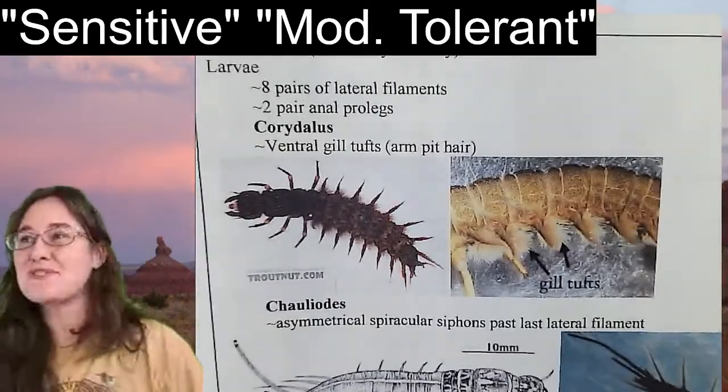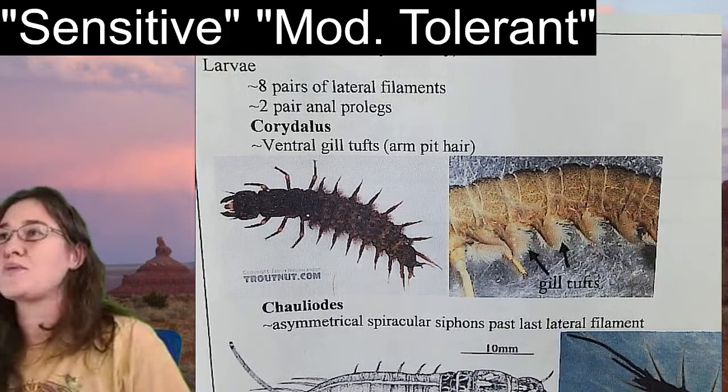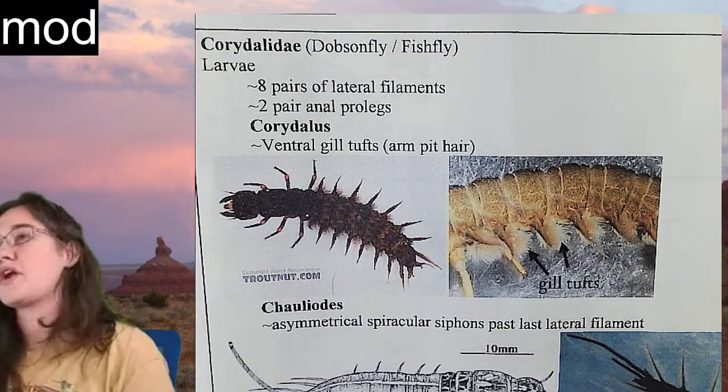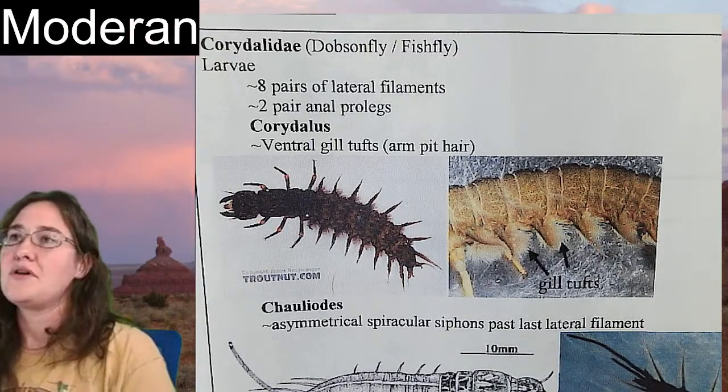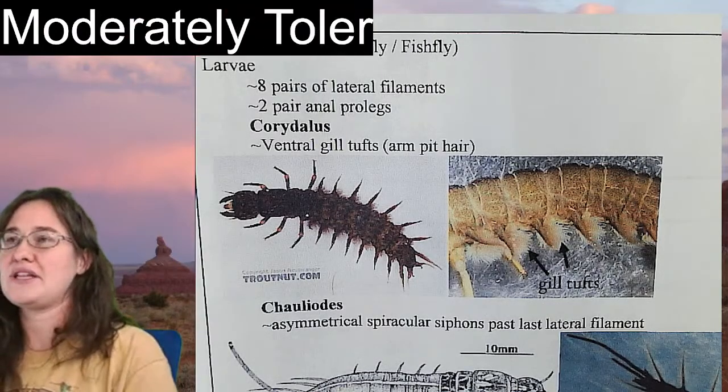So, our Dobson flies are what are considered moderately tolerant.